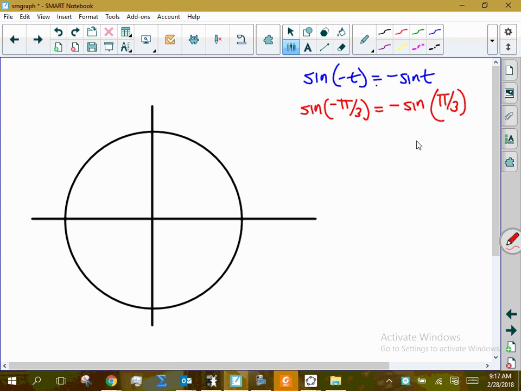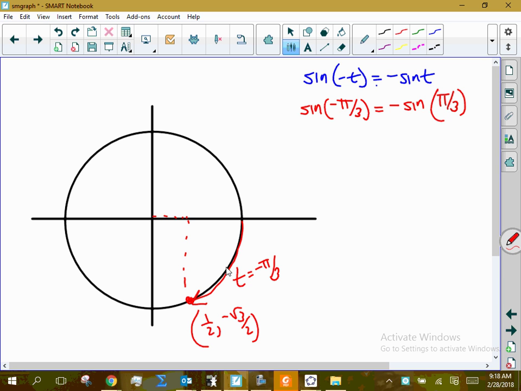Okay, let's see why that works. If I had sine of negative pi over 3, negative pi over 3 is going to be right there, and the ordered pair that goes with that would be an x direction of 1/2 and a y direction of negative root 3 over 2. We'll talk about how I know that in a moment.